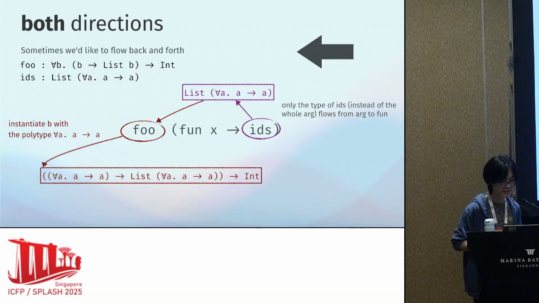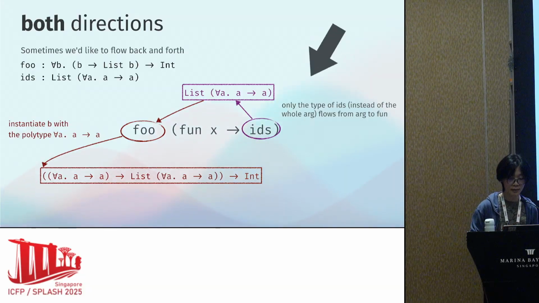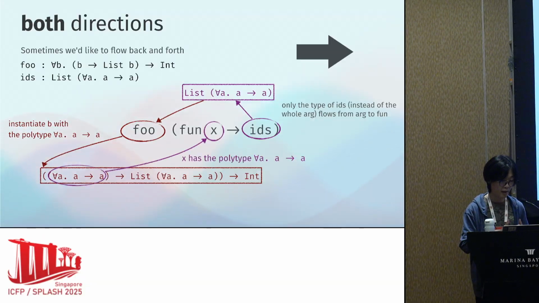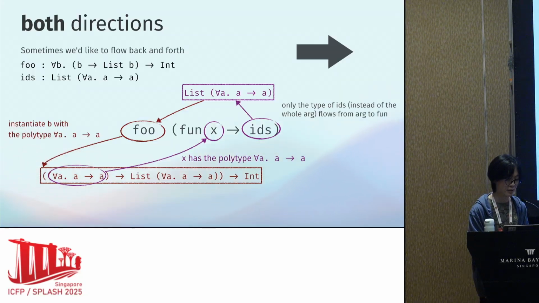And after this instantiation, the information then flows from the function to the argument. And we use the argument type of the instantiated foo to type check the argument, which tells us that the parameter x of the argument from x to IDS should have type for all a dot a to a.